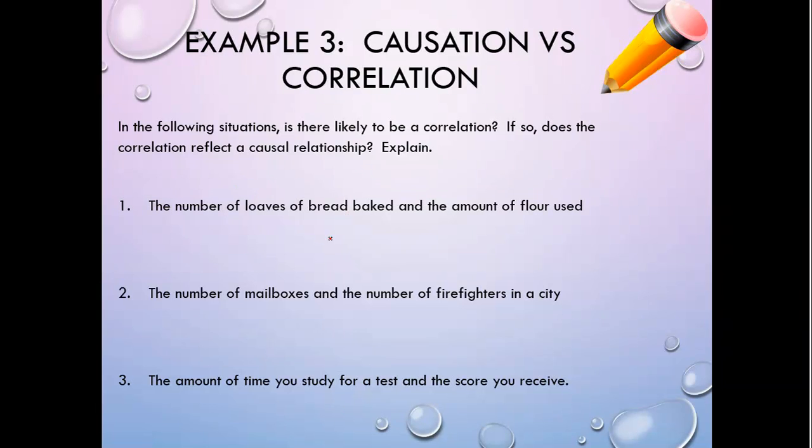So let's see if we have a correlation, and if there is a causal relationship, aka does one cause the other? I have the number of loaves of bread baked and the amount of flour used. Well, there is a correlation. If I bake 5 loaves of bread, I'm going to use quite a bit of flour, right? So there is a positive correlation.